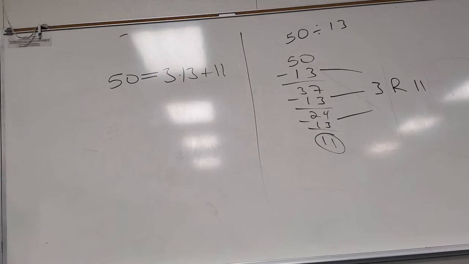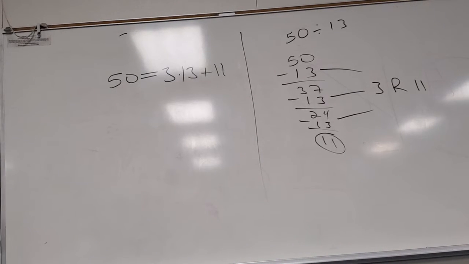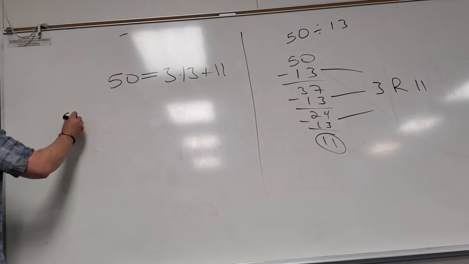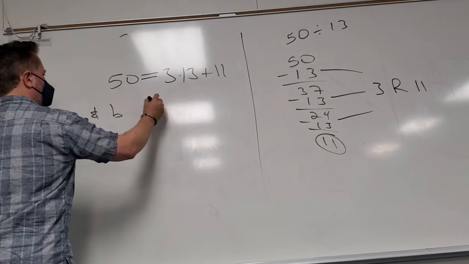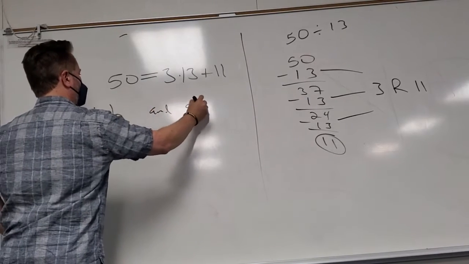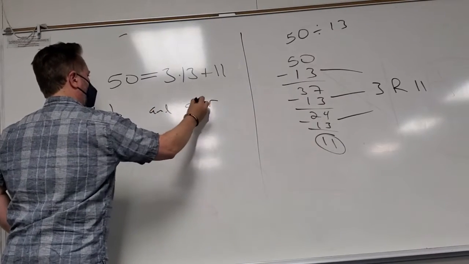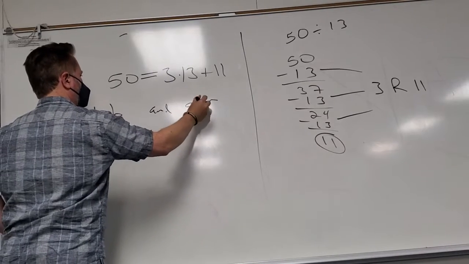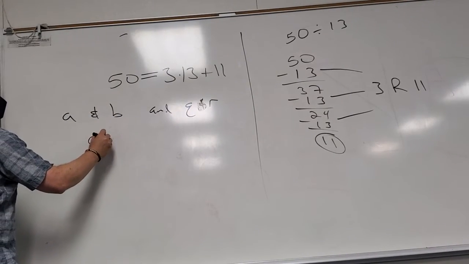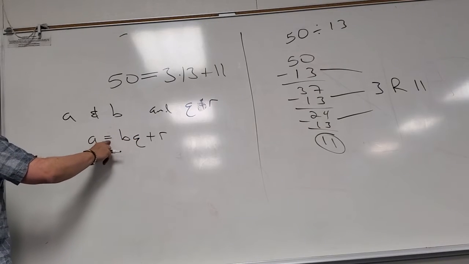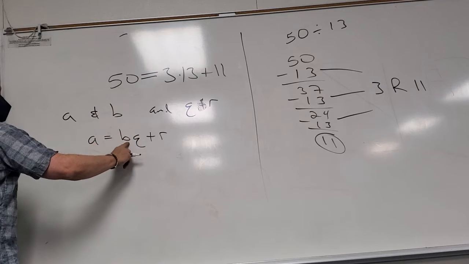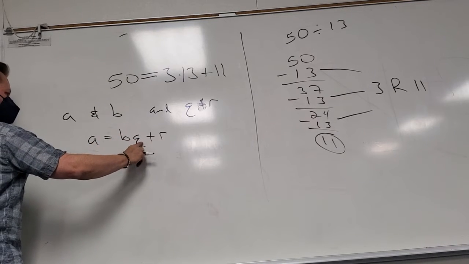Every whole number, given whole numbers A and B, and whole numbers Q and R, you can write A equals B times Q plus R. So a whole number is another whole number times this, plus the remainder.